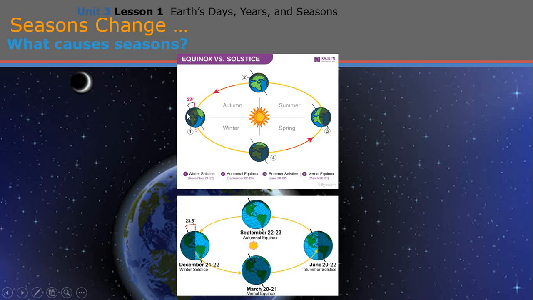And once it finishes and tilts away from the sun, now it is in darkness, and we spend winter in the northern hemisphere all through until we get to number 4. On number 4, the northern hemisphere is not tilted towards the sun, and it's not tilted away from the sun. It is half and half, so it is in the middle.